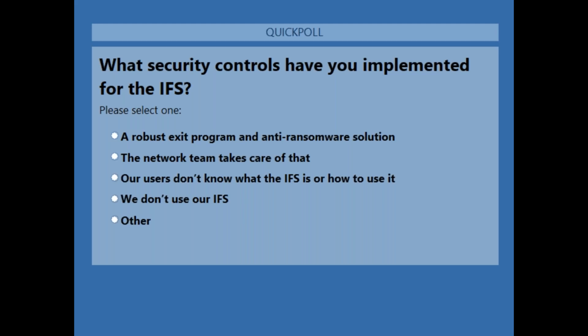What about someone who doesn't use their IFS? Every once in a while I have someone tell me that. And then, of course, you may have a combination of all of these, and so that would be other. And I certainly understand where combinations of security strategies is important and layering is important as well.